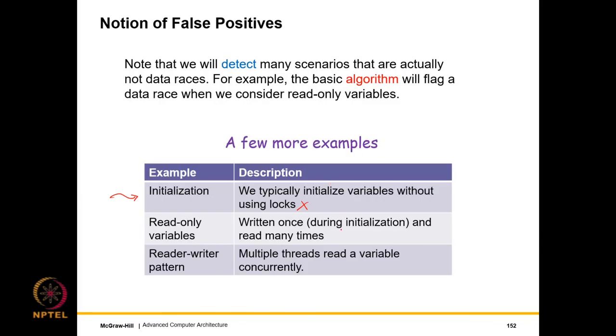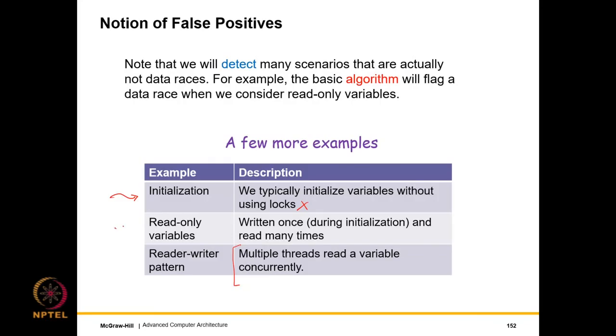We'll have some read-only variables which are just written once during initialization and subsequently only read. Again, that will be flagged as a problem, but that's still not the case. And in a reader-writer pattern, multiple threads read a variable concurrently. Even that will be flagged as an issue, but that's also not the case. The reader-writer pattern could be that a writer writes to a variable and multiple readers keep reading it. That's not a problem.